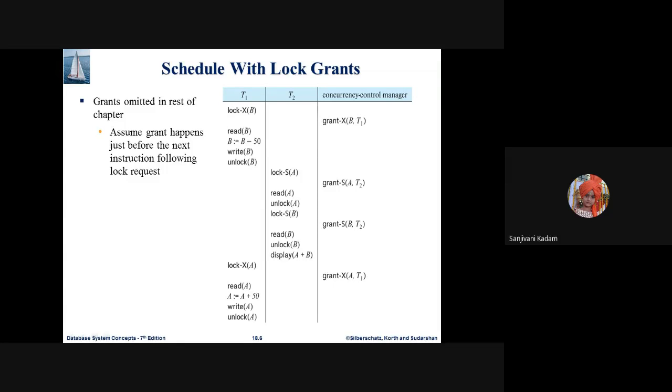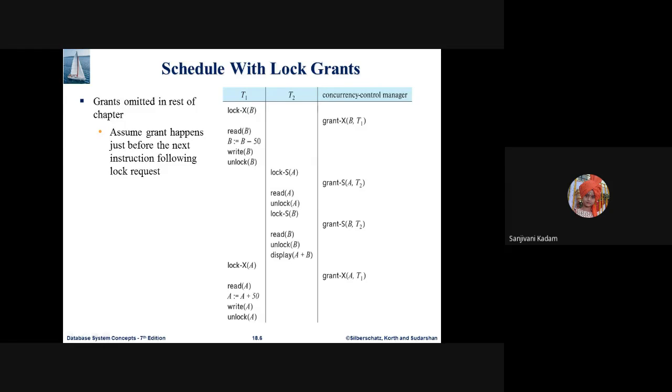Unlocking is necessary because T1 may not require variable B further, and hence after that other transactions can use the same data item, that is, their requests can be granted. For this purpose T1 will release item B and carry on with the next operation.